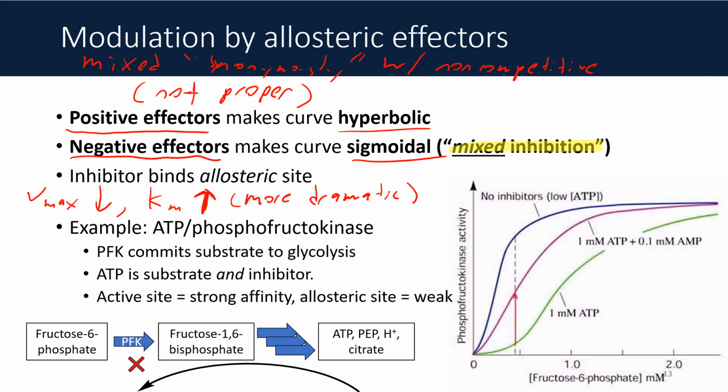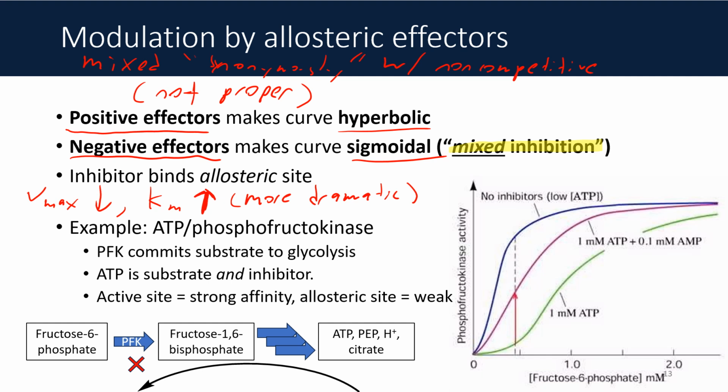To provide you with an example of a mixed inhibitor, I think phosphofructokinase and ATP are excellent examples. You are going to learn all about PFK when it's glycolysis time, but this enzyme's job is to commit sugar to glycolysis by phosphorylating it with ATP.